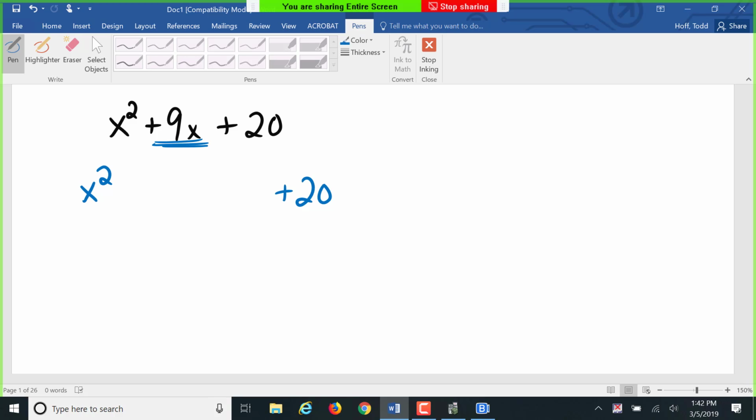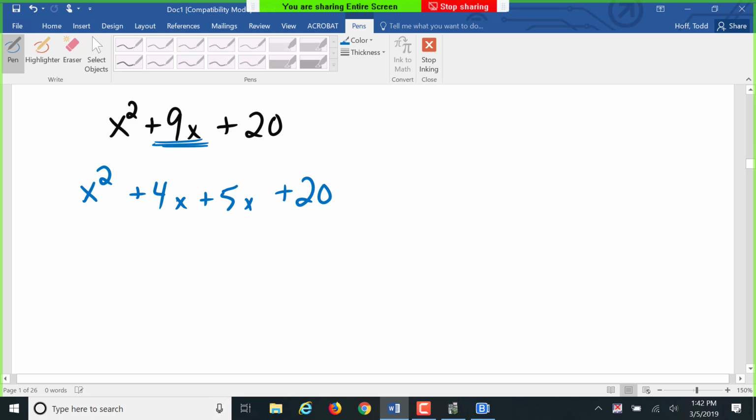What I need to split it up into are terms that are going to multiply to make 20, since this is just x squared. 4x and 5x. We'll do that. The key is the number that goes here, if I divide 20 by it, should give me this number.